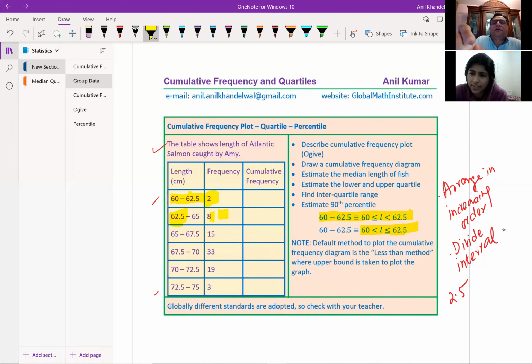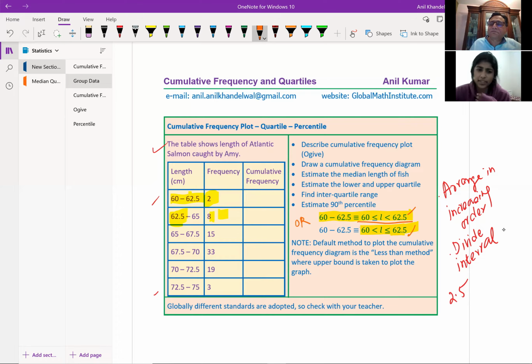Either one works, but you should be sure about it before you start answering the question. If the values are given in inequality form, there is no ambiguity. You're clear about which kind of data you're working with. You understand?